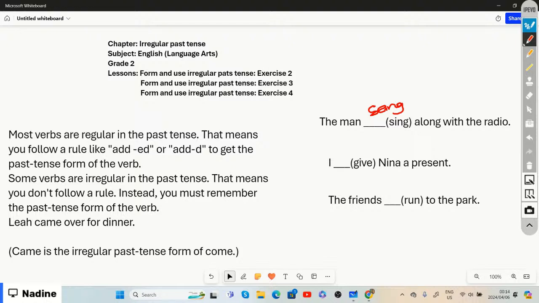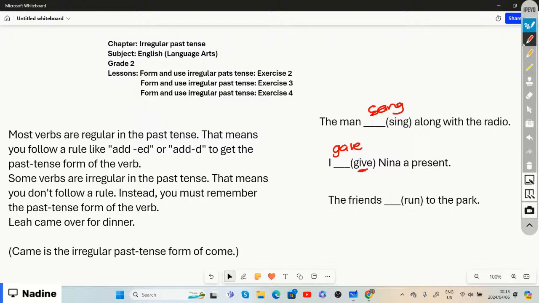So I say I give Nina a present, but in the past. We can then say I gave Nina a present, because remember, give in the past is gave.